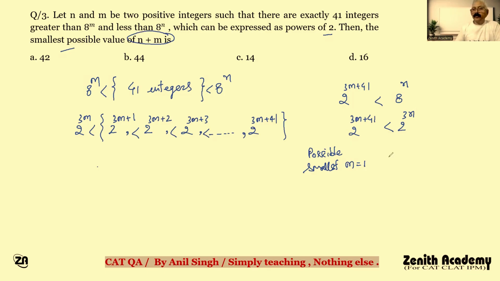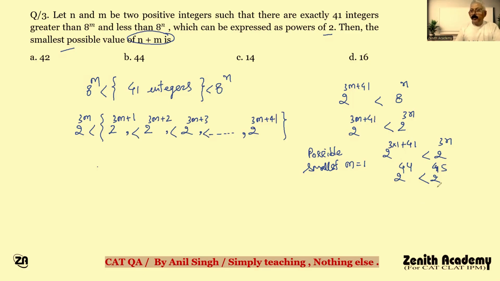If I take 1, then 2 to the power 3 into 1 plus 41 is 2 to the power 44, and it should be less than 2 to the power 3n. It is a matter of smallest. So 2 to the power 45, if I take 2 to the power 45, this is the smallest possible value, which is greater than 2 to the power 44.